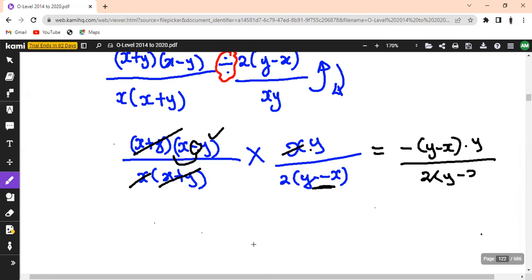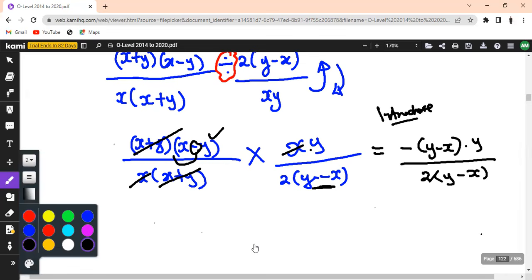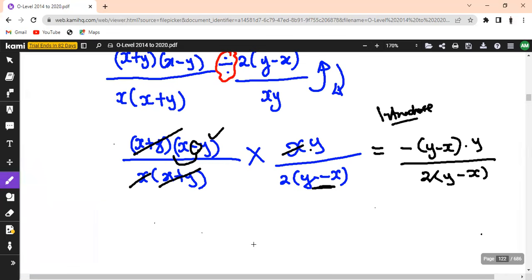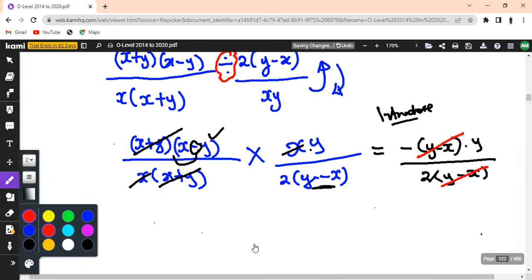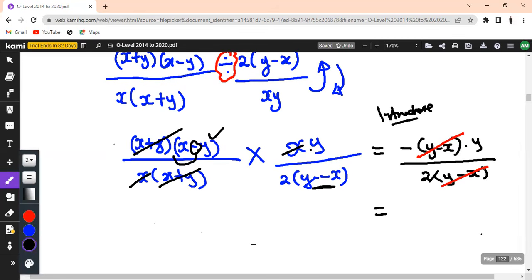The moment you factor out a negative, the brackets that are familiar to each other will actually be the same. So now you can cancel them, and our answer is going to be minus y over 2. Because this is cancelled, we have nothing left, so it's just minus y over 2, just like that.